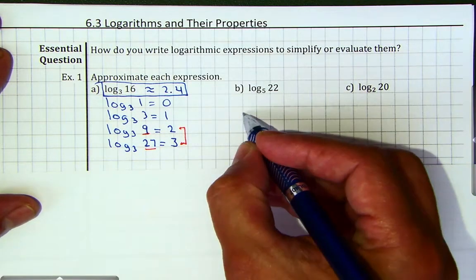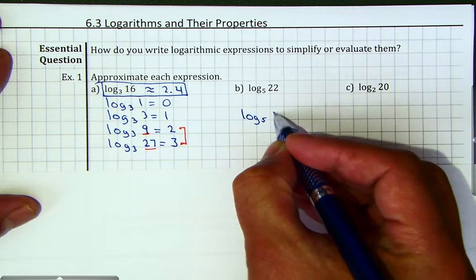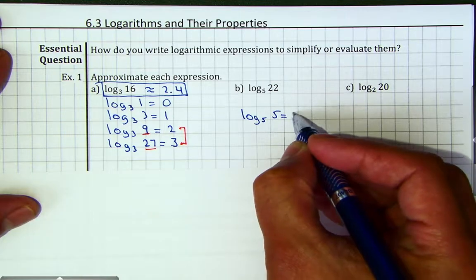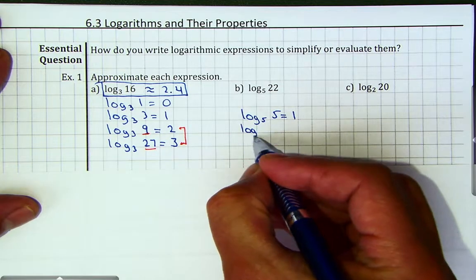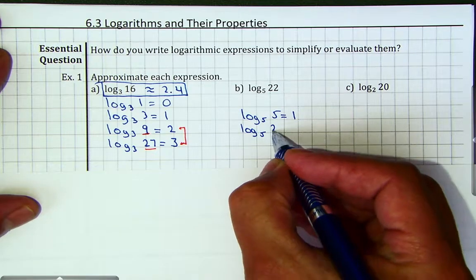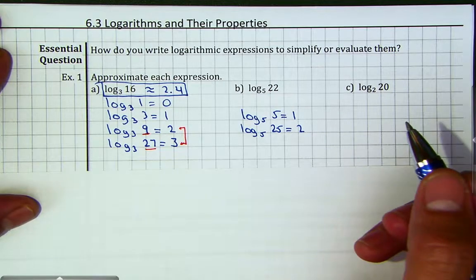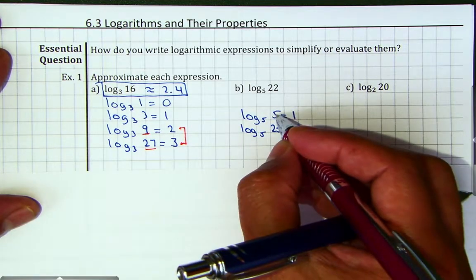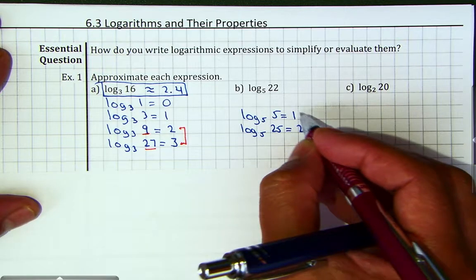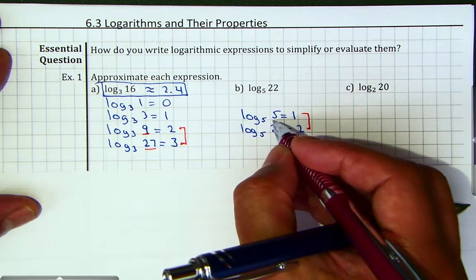Log base 5 of 22. Log base 5 of 5 is 1. That's too small. Log base 5 of 25 is 2. That's too big. So therefore, 22 is between 5 and 25. So therefore, your answer should be between 1 and 2. 22 is closer to 5 or closer to 25?